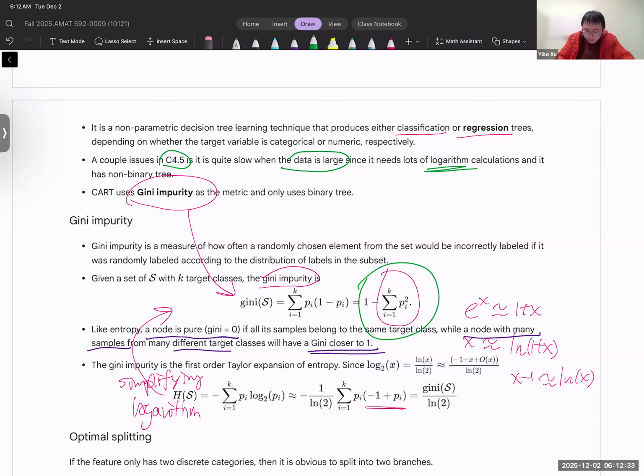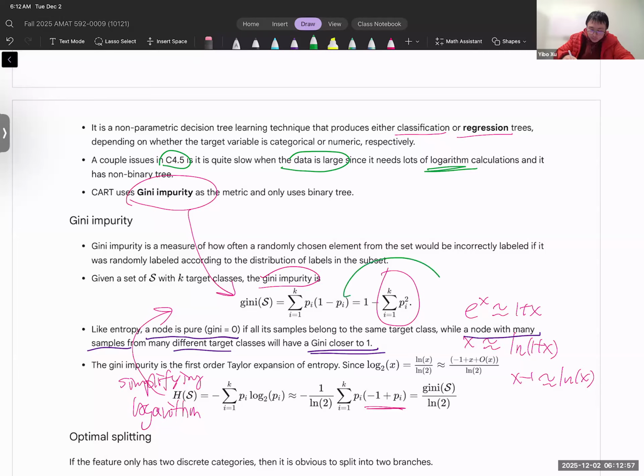If the p_i are roughly similar values, like a uniform distribution, say 1 over k, then this is 1 minus k times 1 over k squared. The summation is k over k squared, which is 1 over k, which is small. So 1 minus that is really close to 1. The difference is (k minus 1) over k.